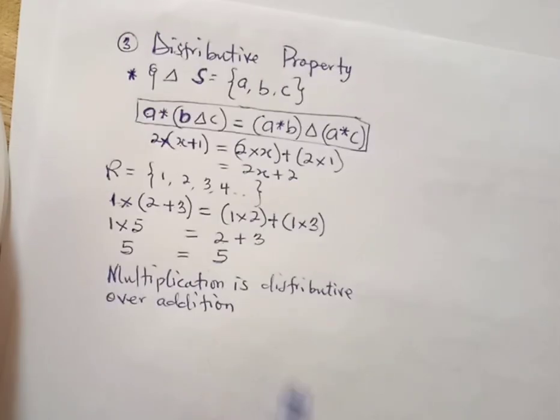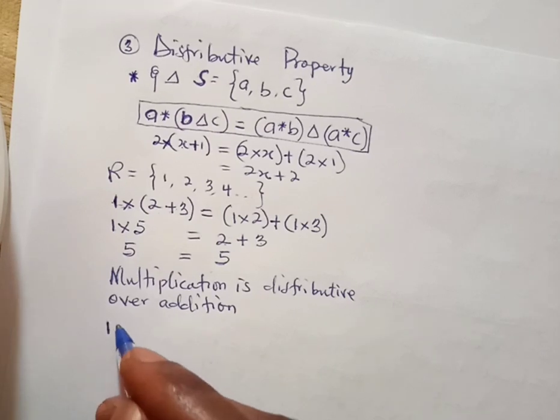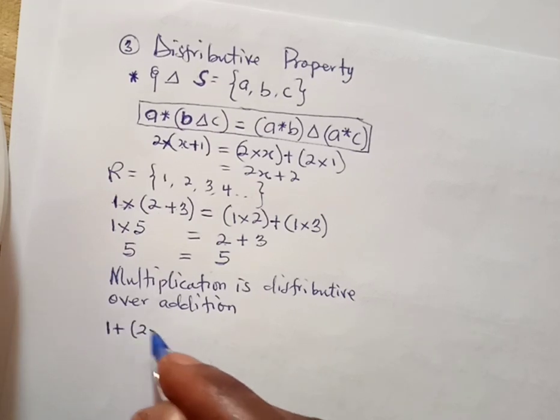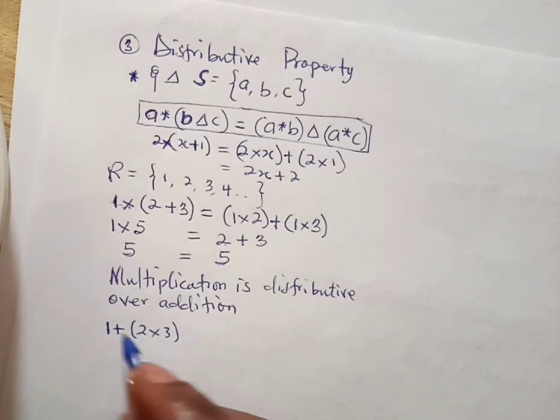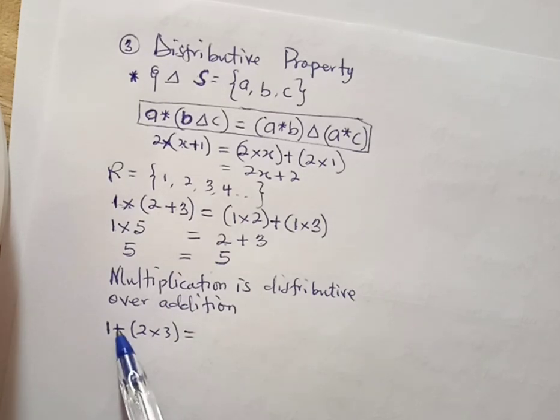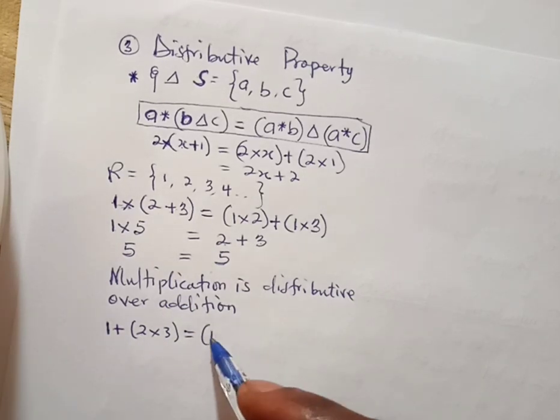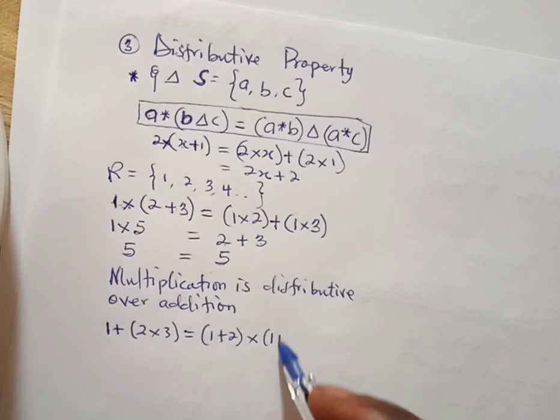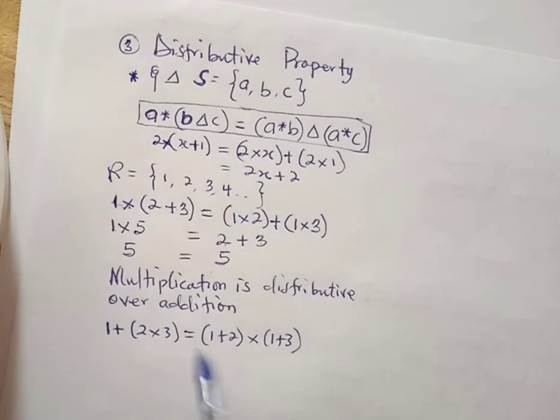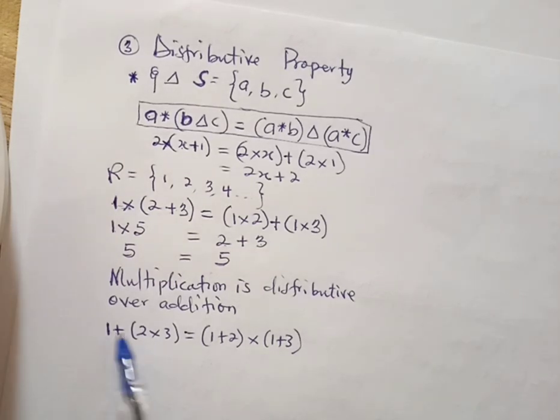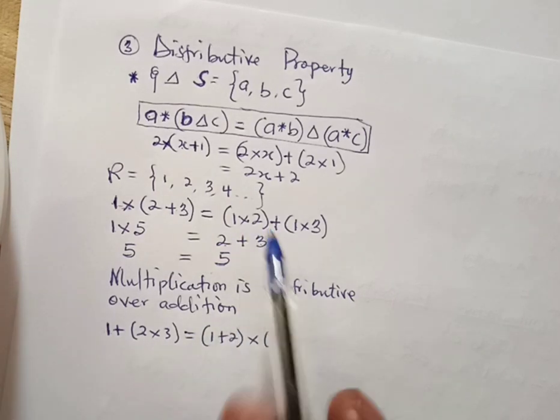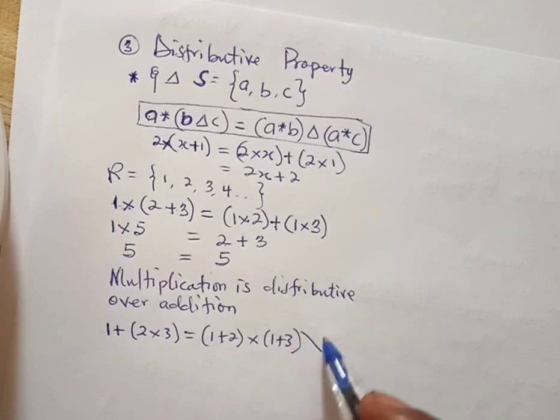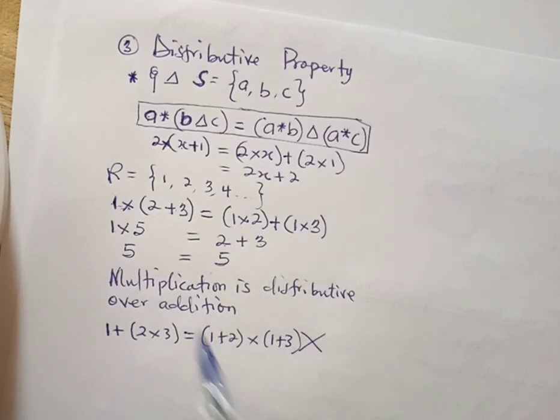For instance, if I write it this way, 1 plus 2 times 3, I can't expand the bracket in such a way that this 1 is going to add this in this 1 plus 2 times 1 plus 3. It doesn't work like that because there's no way you are going to tell me that this plus this, as we did in the multiplication. No. So this one is totally wrong. Have you gotten that?